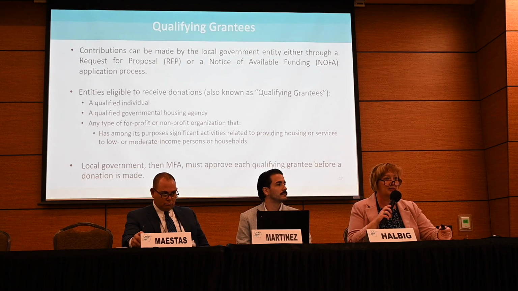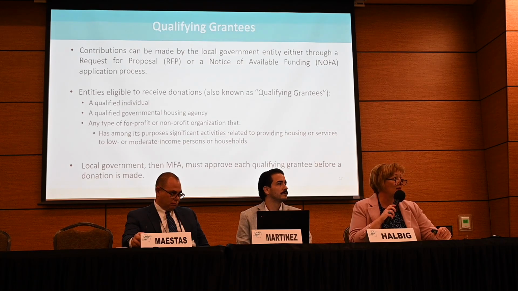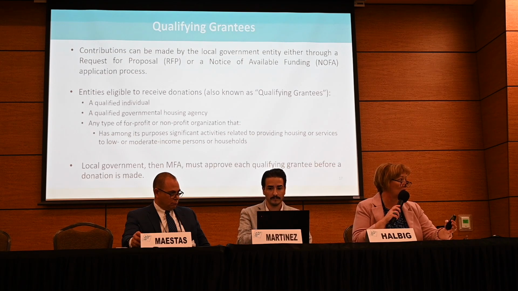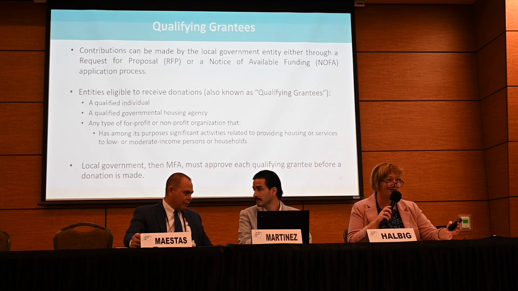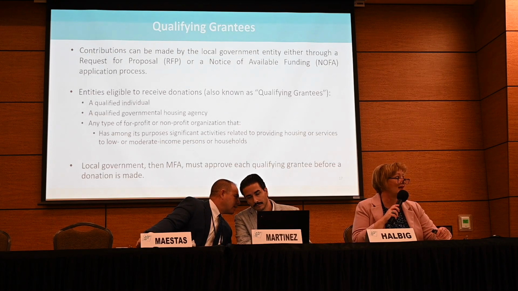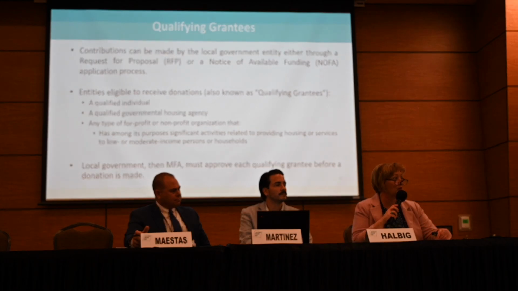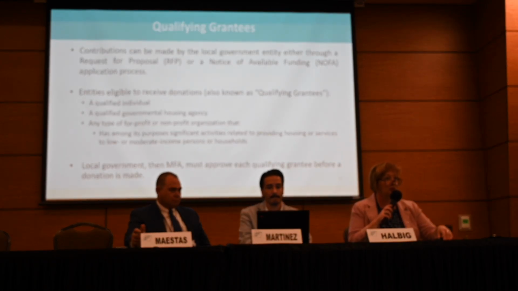Again, we have resources that can help you with the drafting of those. Eligible entities to receive donations are called qualifying grantees under the Act. It can be a qualified individual, although that's not usually the case. A qualified governmental housing agency, but any type of for-profit or nonprofit organization. And that's mainly who you would be working with, is bullet number 3 there.